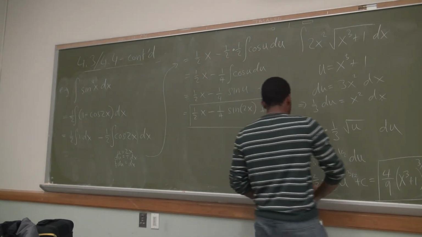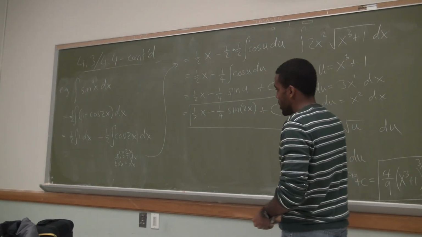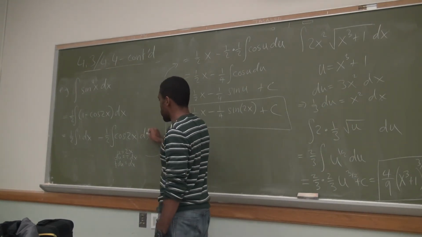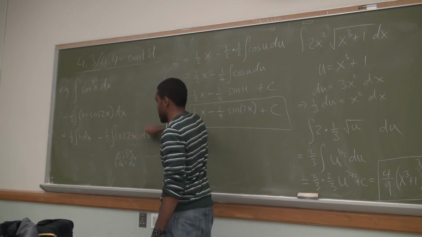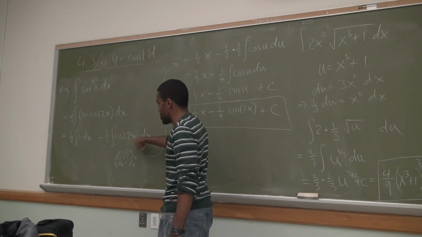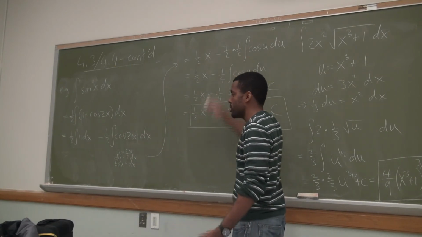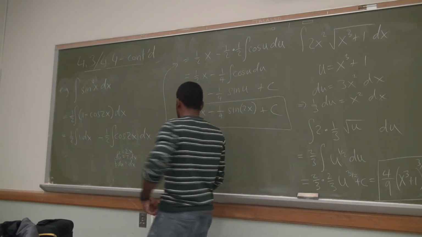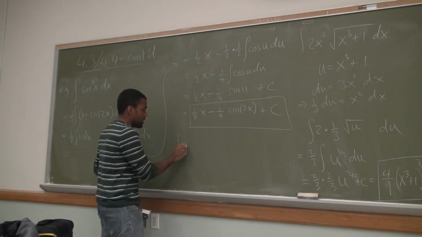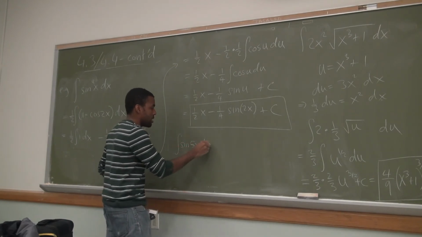Gotta memorize all those too. By the way, in general, eventually you should get to the point where you wouldn't have to do u-sub. You should understand that whenever the derivative is going to be a constant, you just divide by the constant. Just divide by the 2. So, for example, if I ask you, what is the antiderivative of sine 5x dx?